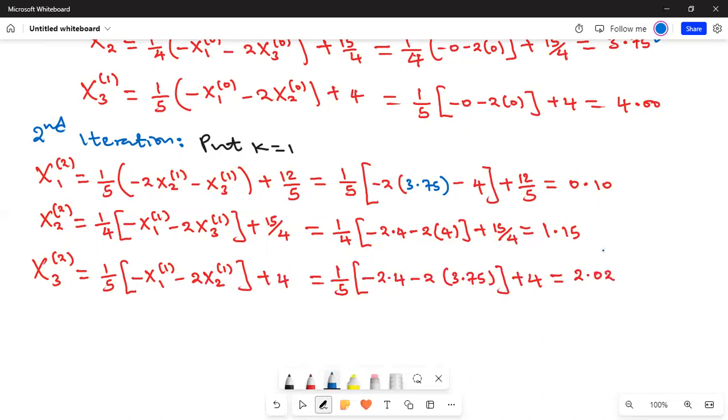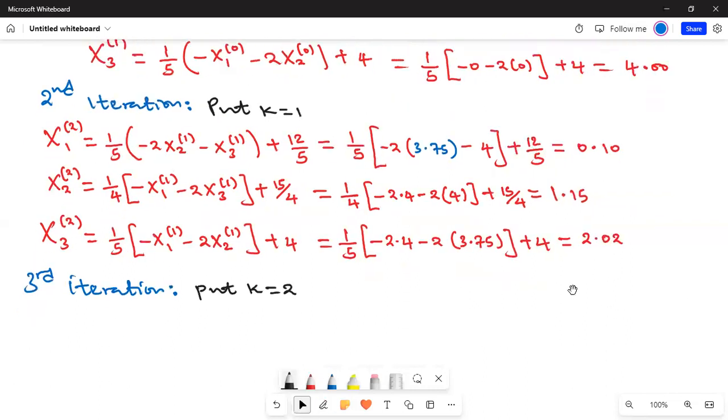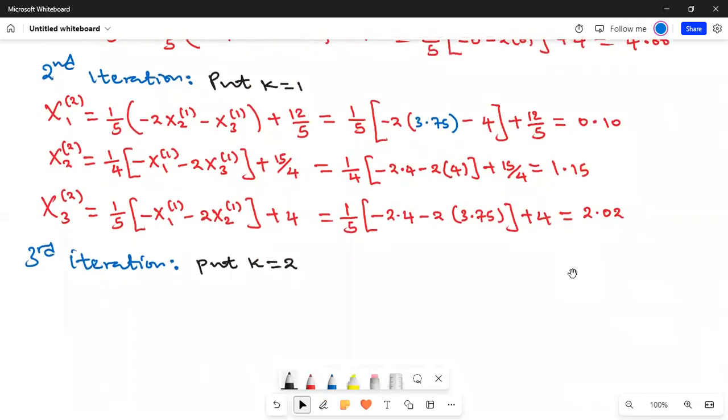And finally, the third iteration, here you put k is equals to 2. How will our system now look like when k is equals to 2?